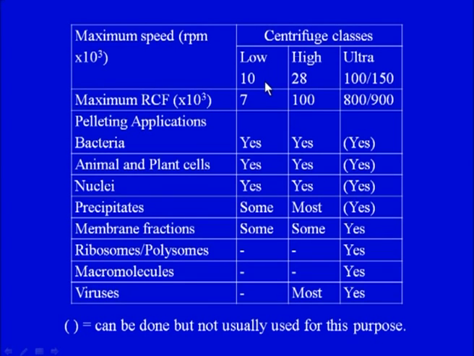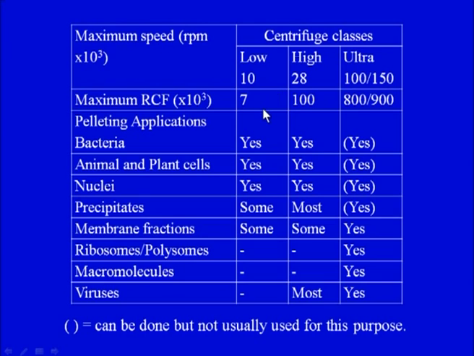Low speed centrifuges will have revolutions per minute of around 10,000, and high speed around 28,000 revolutions per minute. These are approximate values. An ultracentrifuge will have about 100,000 revolutions per minute. The corresponding RCF values are also given here: approximately 7,000 G force, 100,000 G force, or 800,000 G force.